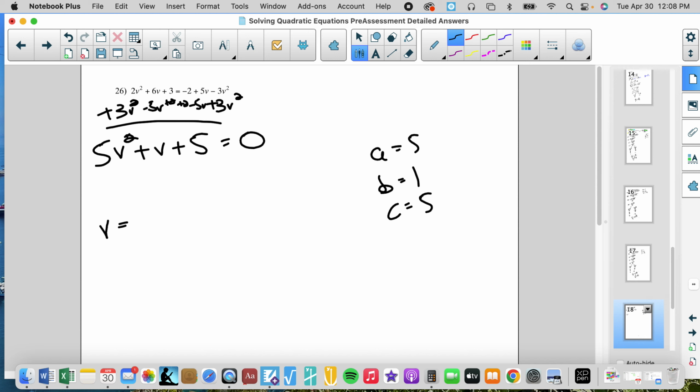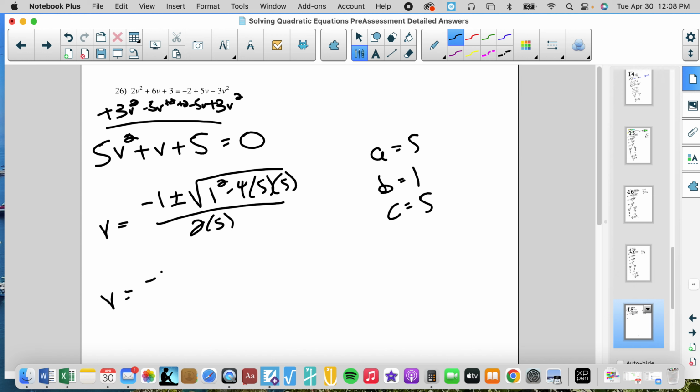V equals the opposite of b, plus or minus square root of b squared minus 4ac all over 2a, negative 1 plus or minus 1 minus 100 over 10.